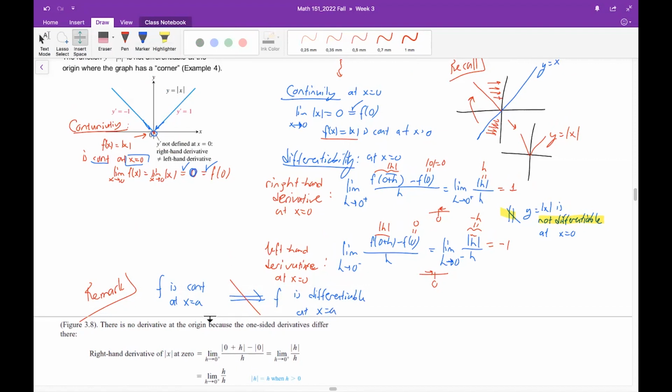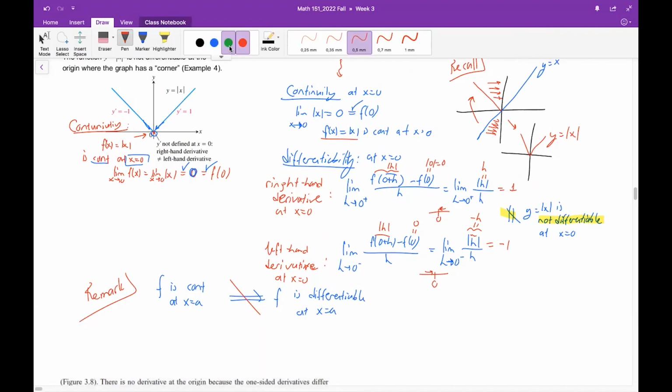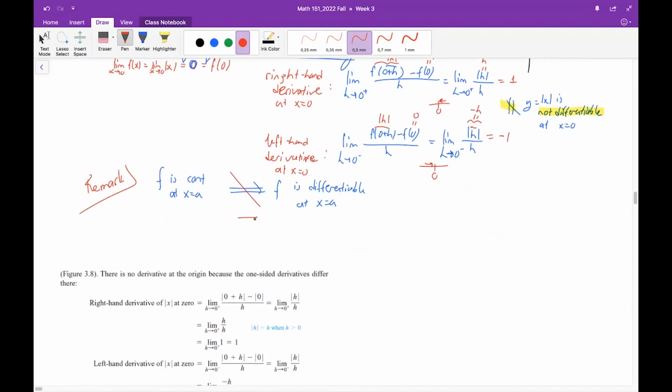But if you consider the reverse direction, if a function is differentiable, then this direction holds. If a function is differentiable, it is certainly continuous at that given point. So the reverse direction is working while the direction on this side does not hold.